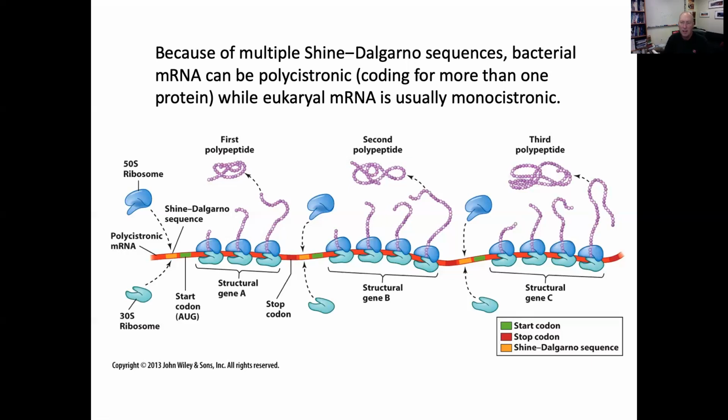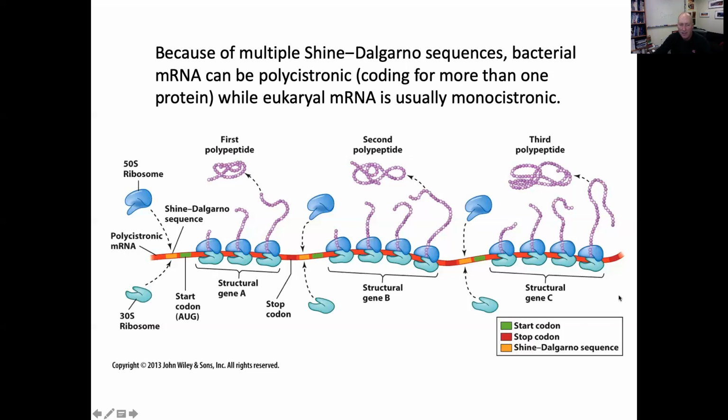And in bacteria, the fact that these can be linked together on the same transcript facilitates that co-regulation. The other important thing that's shown here is that the ribosome can be translating all of these simultaneously.